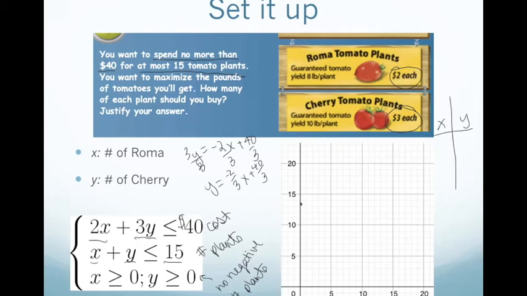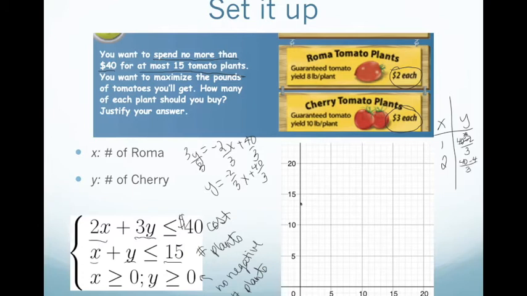So I'm going to make a little xy table over here. When x is 1, that would be negative 2/3, so that would be 40 minus 2 over 3. 40 minus 2 is 38 over 3, which doesn't reduce to an integer. When x is 2, we have 40 minus 4 over 3.